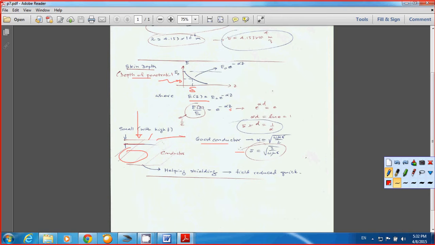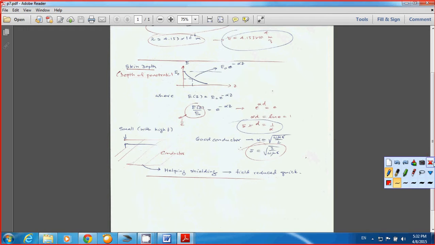It's just like an electromagnetic wave shield, so it helps shielding. That means your electromagnetic fields are going to be reduced very quickly. Okay, so that's one of the applications. That's why the skin depth is very important.